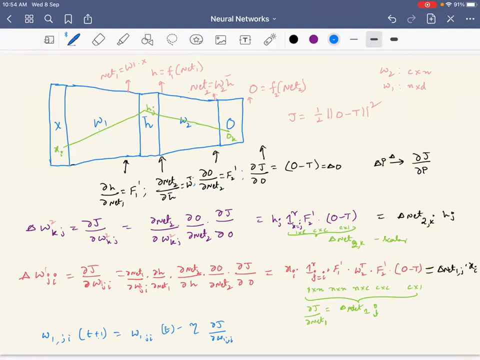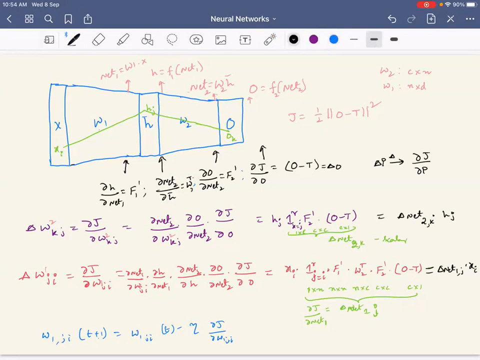So now to update this, I will start from here. First write dou Z by dou O, which is very clear. Then dou O by dou net 2. Dou O by dou net 2 is F2 dash, since the forward transformation is O equal to F2 of net 2. And here what additionally comes is dou net 2 by dou H. Net 2 equals W2 into H, so dou net 2 by dou H is W2 transpose.